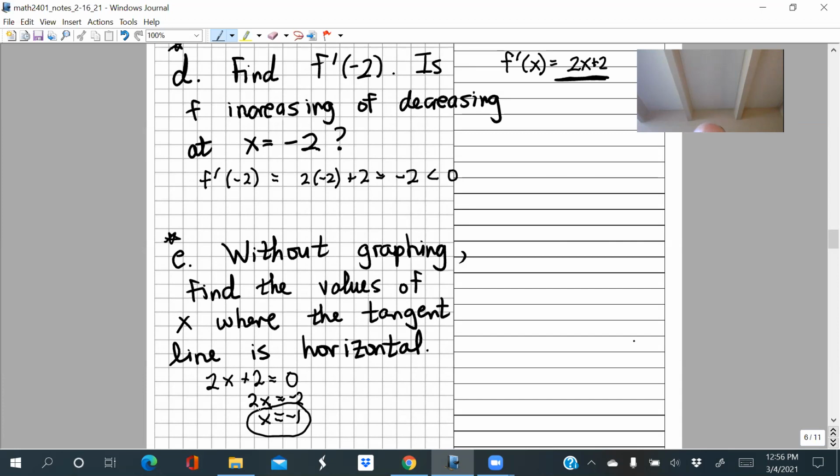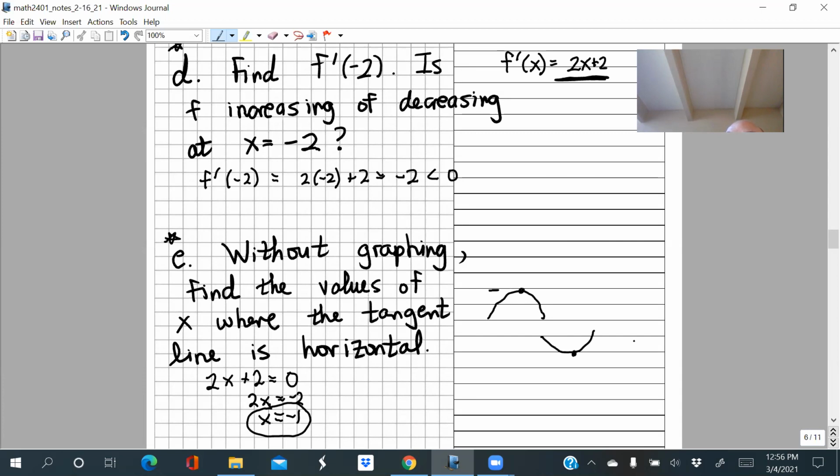So where you have a horizontal tangent line on a graph, think about when that's going to occur. That's going to occur where on a graph you have either a peak point or a valley point, right? Either a local maximum or a local minimum.